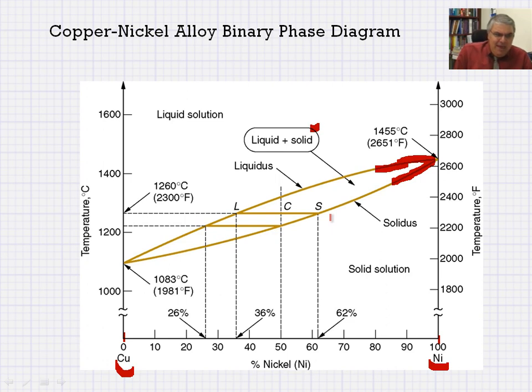Let's start at, for example, we have a copper-nickel alloy binary phase diagram, and we want to work with this alloy, but we have no idea. We go to the laboratory and somebody hands us a copper-nickel alloy and says, I want you to completely melt this alloy and tell me what the temperature would be.